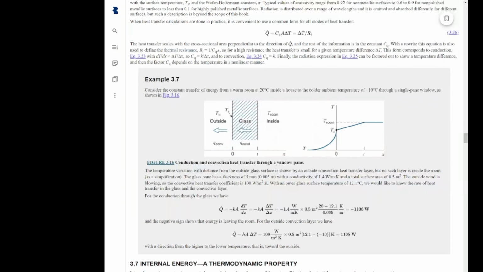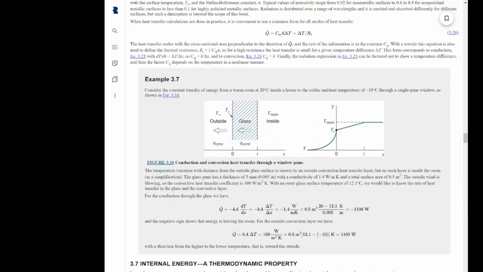Okay, so we've just applied the two equations that we previously had for conduction and convection. We make all the substitutions. Here's our temperature difference between the surfaces: 20 on the inside, and the outside surface being minus 12.1 degrees.